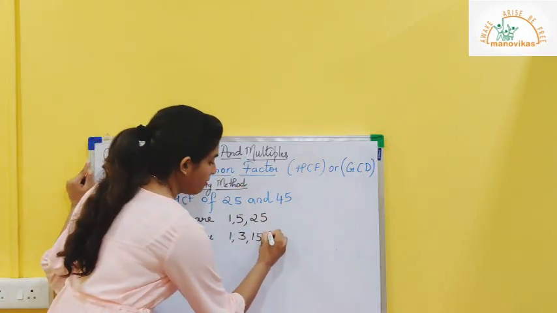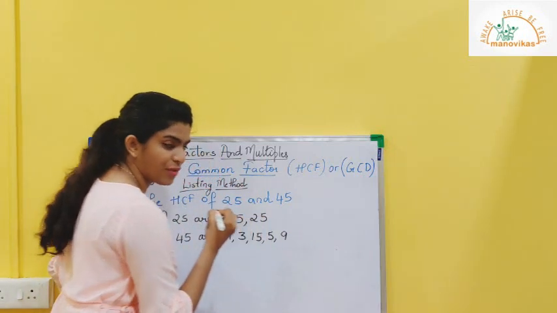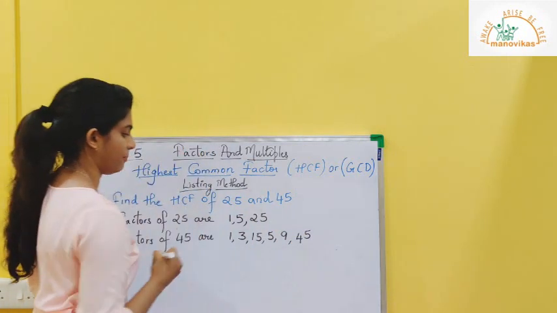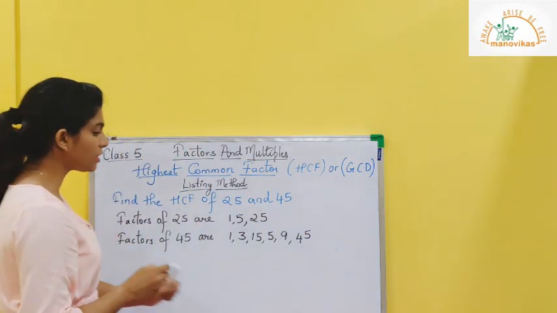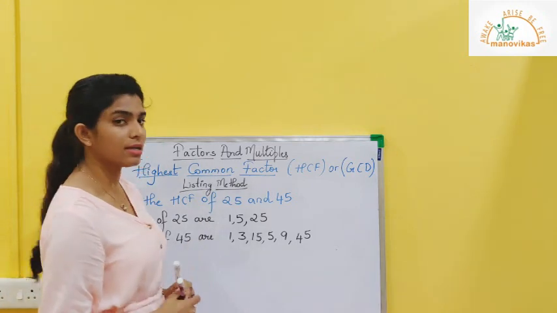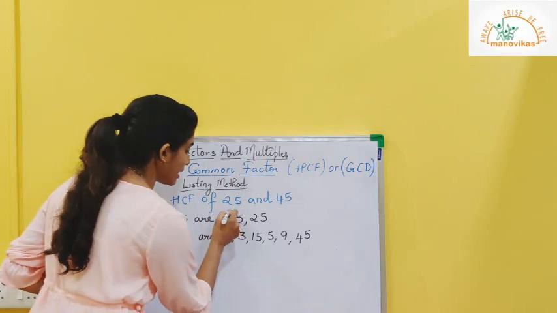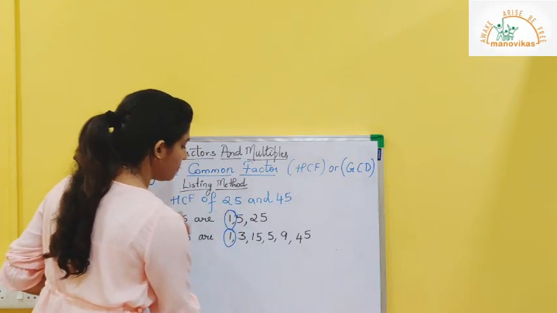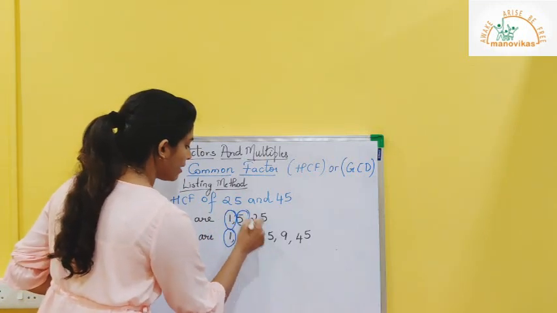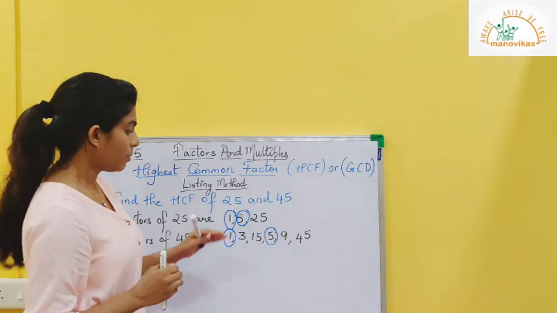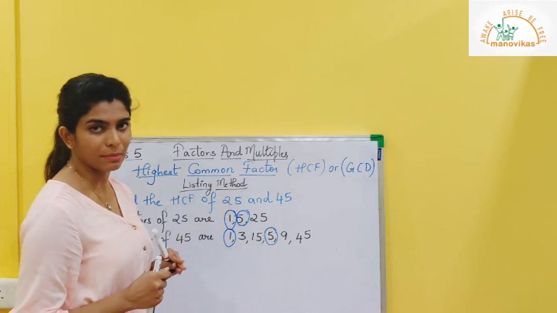Yes. 5 9 is 45 and the 45 itself. Now here you have to first see which is the common factor here. Can you tell me which is the common factor here? Yes, it is 1 and 1. 5 and 5 are common factors here. Both are having the same numbers.